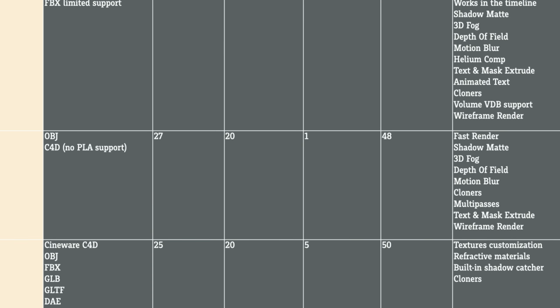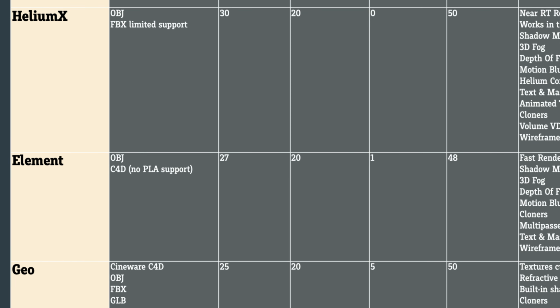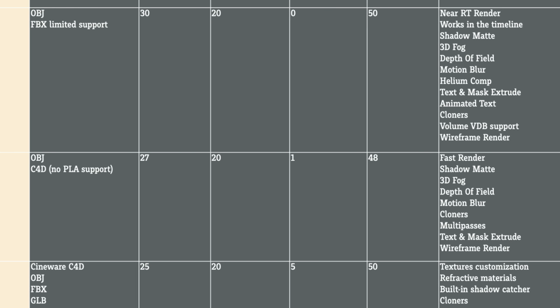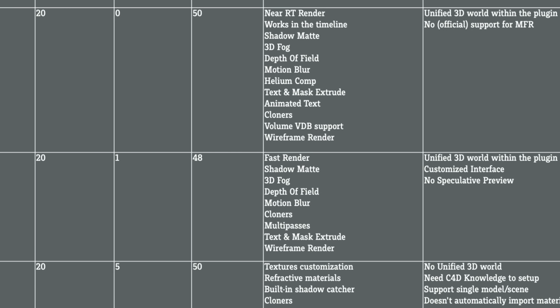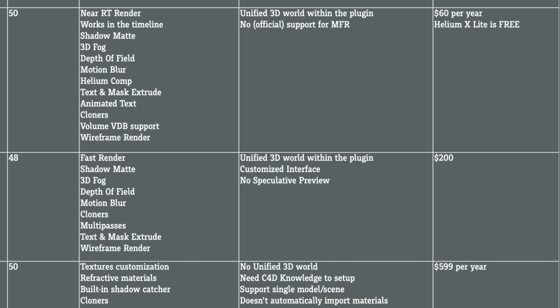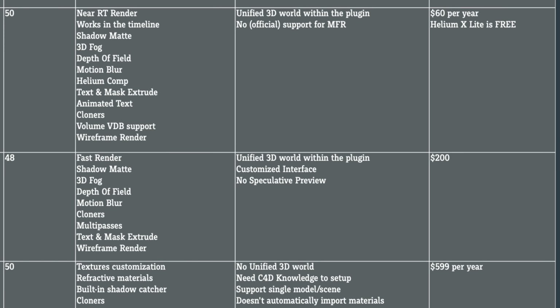And as you might have guessed, my preferred tool, for this project at least, is HeliumX. It's the fastest, it integrates seamlessly with After Effects timeline, avoids additional interfaces, supports all features of After Effects and Element, and it adds some more stuff.